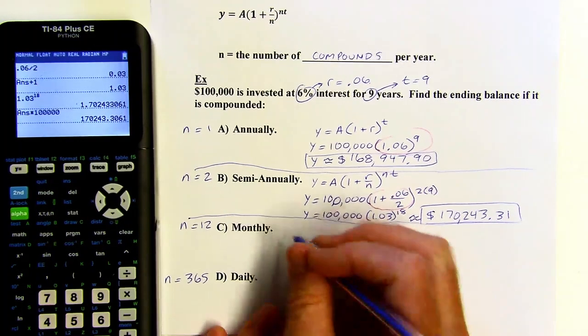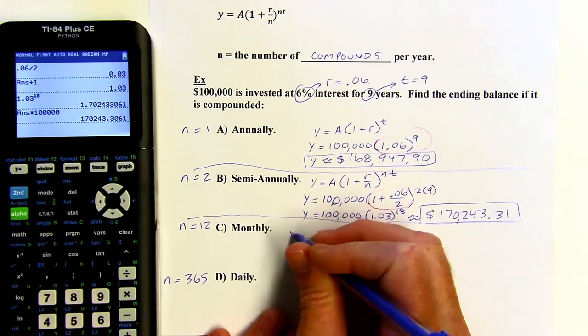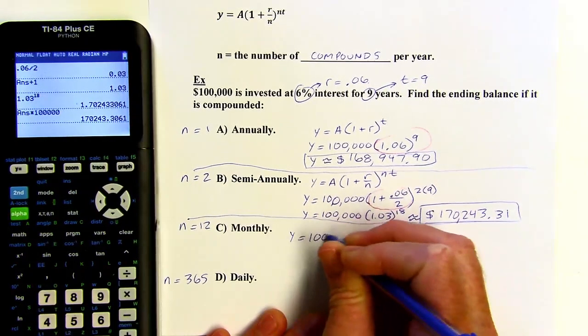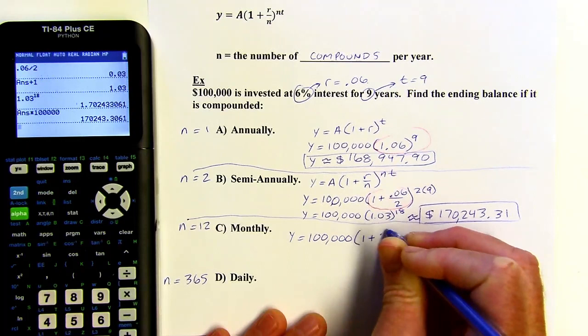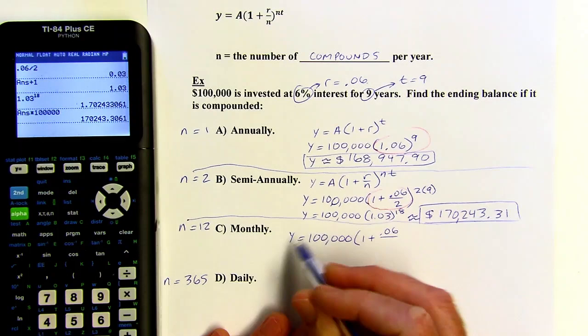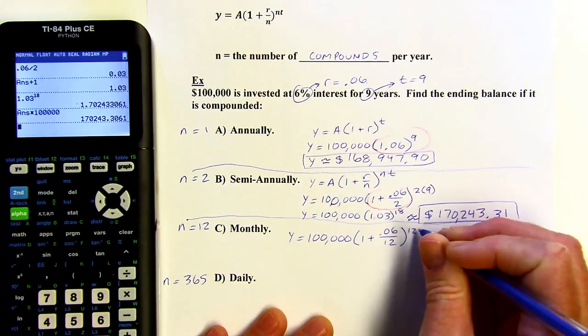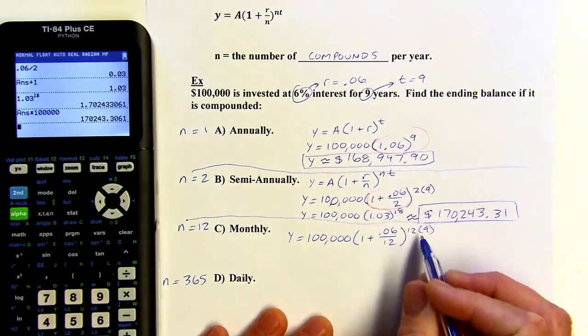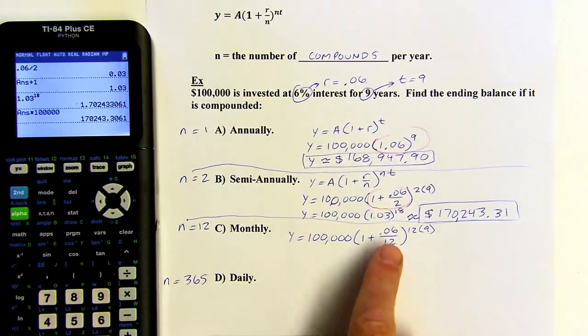All right, let's try monthly now. So I'm using the same formula here with the n's. So initial amount is 100,000. Still got my rate at 6%. It's just now the n is 12. Okay, and the time is still 9, so I got 12 times 9 as the exponent. Okay, so again, I'm going to start in here.